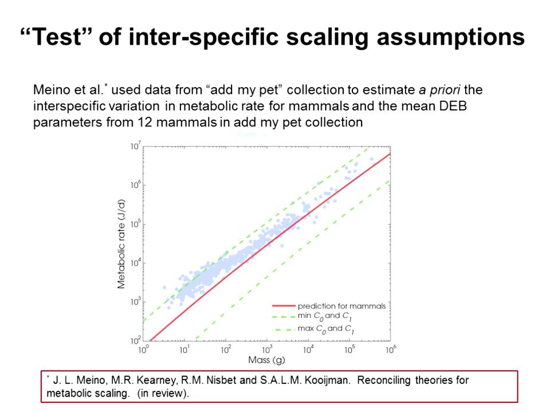But James Mino used these data to estimate how the metabolic rate of a mammal would vary with its size. So these were parameters that were estimated from information like a maximum size, offspring production, embryo properties, all the bits and pieces that go into estimating DEB parameters.